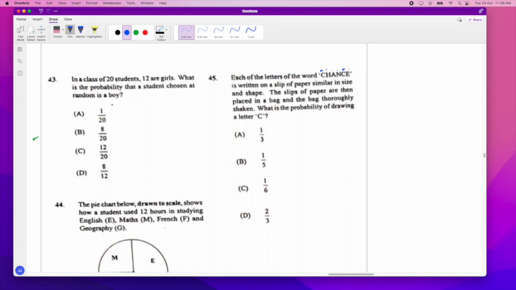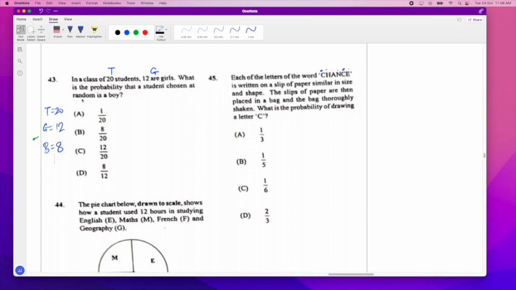Alright, so in a class of 20 students, 12 are girls. So these are total students, and these are the girls, right? What is the probability that a student chosen at random is a boy? If the girls are 12, and the total is 20, then the boys will be 8. And 12 and 8 is 20.